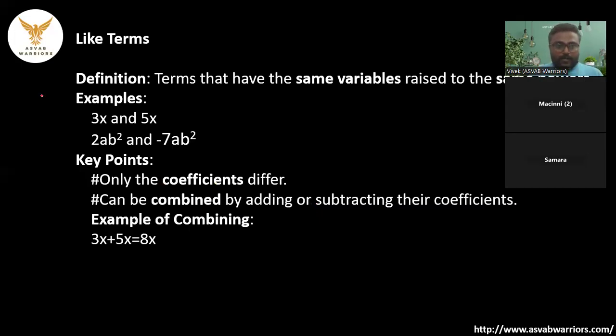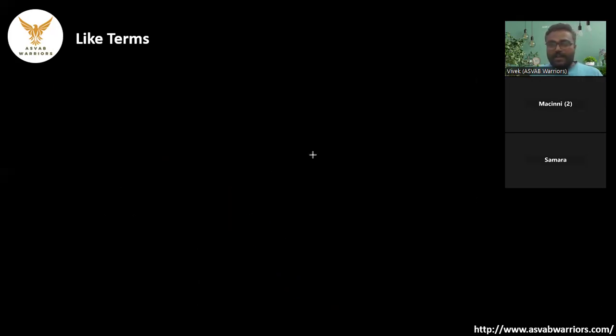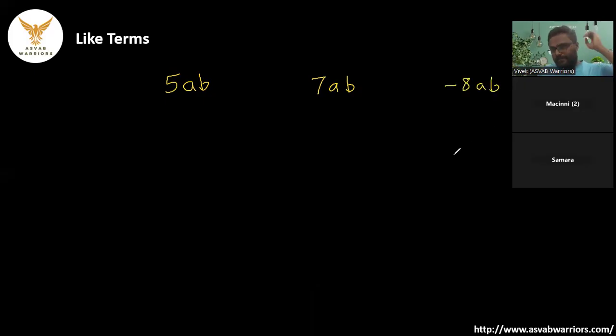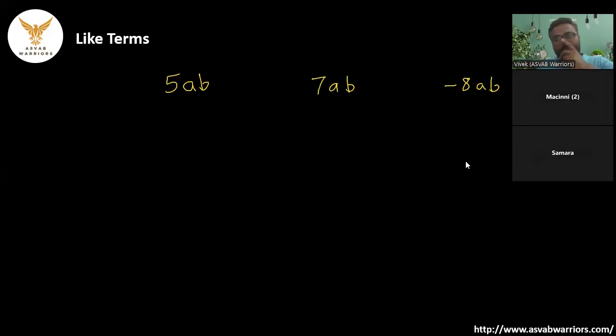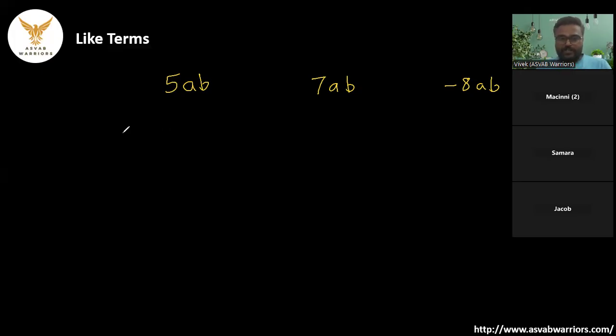Now let me explain what are like terms and unlike terms. If there is an expression like 5ab, 7ab, negative 8ab. For any particular term to be like, there are two conditions.